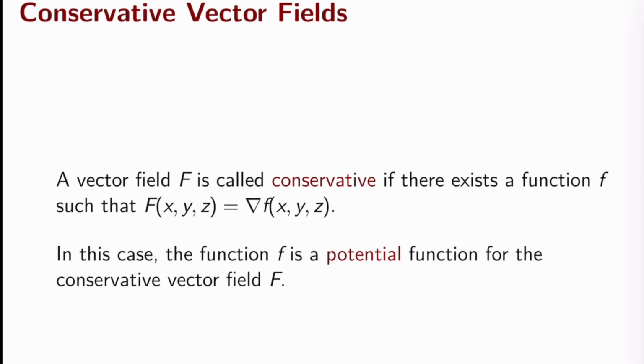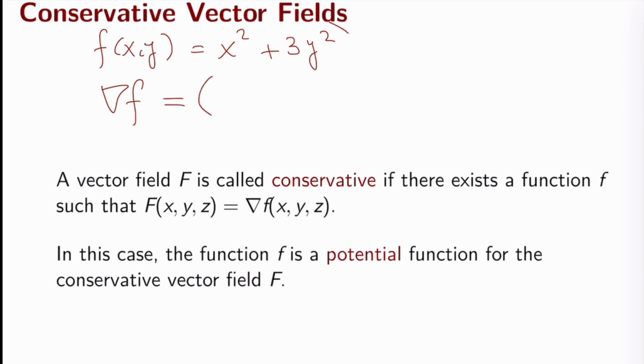So, for instance, let's suppose that we have a function f of x, y equals x squared plus 3y squared. If we calculate the gradient vector field of this one, the gradient of f is equal to the derivative respect to x, which is 2x, and the derivative respect to y, which is 6y.